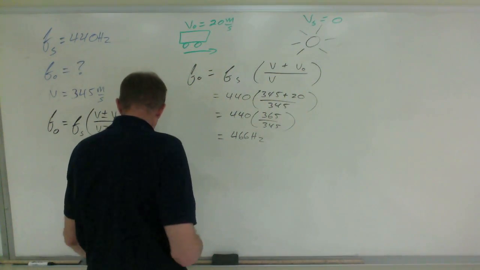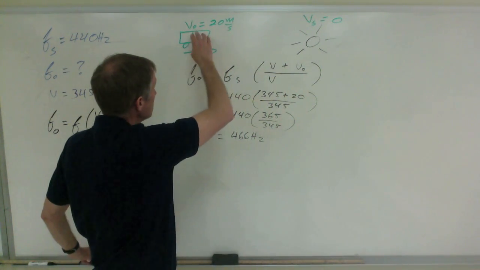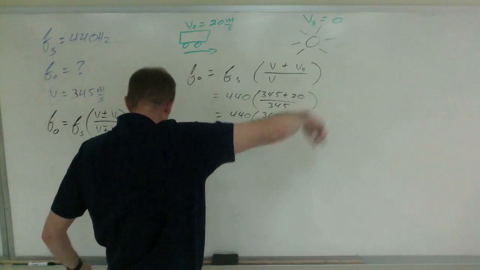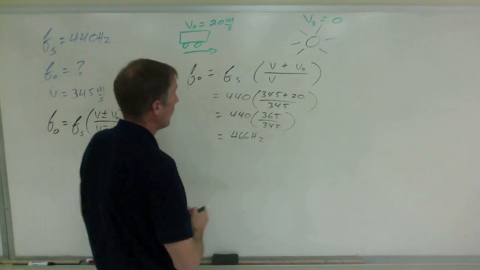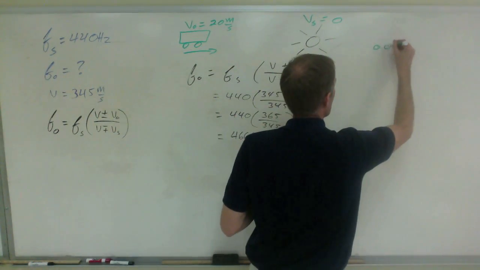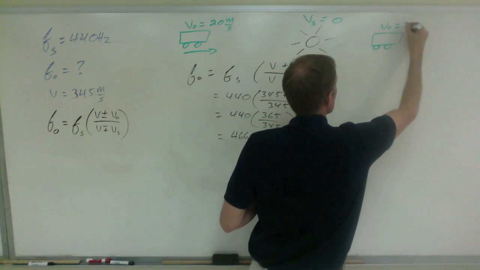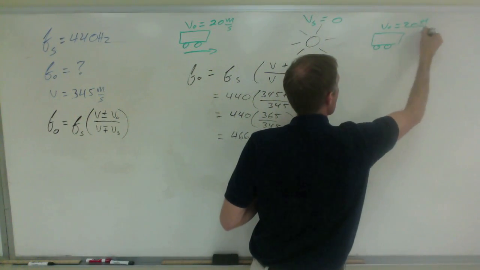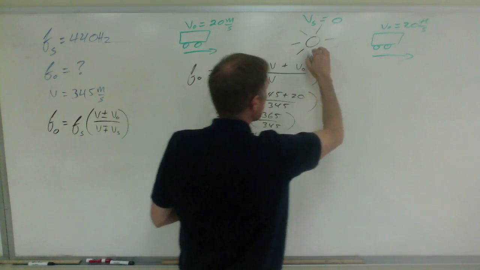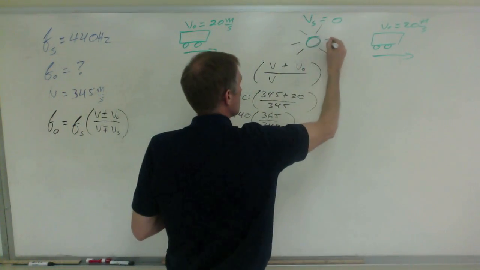Now, the observer goes past the source and now is going away from it. So let's just redraw this. Here is the observer still moving at the same speed, now moving away from our sound source. Again, here's our sound source.